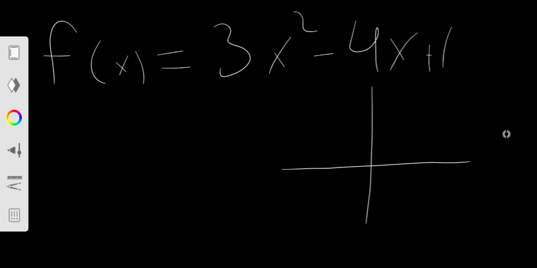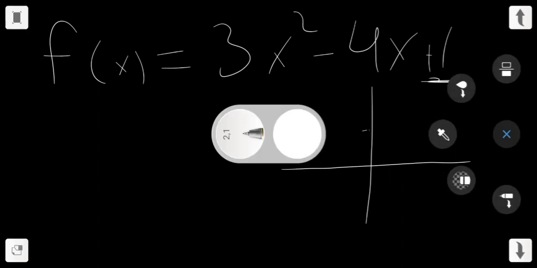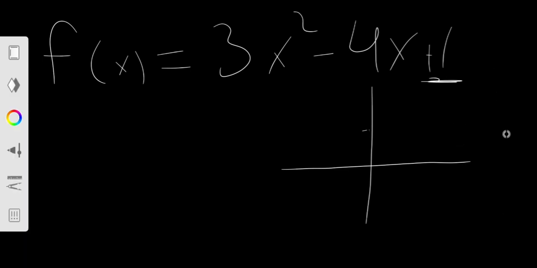This part over here is the constant term, so it tells us where it cuts the y-axis. So it cuts over here, okay, because it is 1. Now it is a positive one, so it is concave like this, not like this, okay? It is not a sad parabola, it's a happy one.